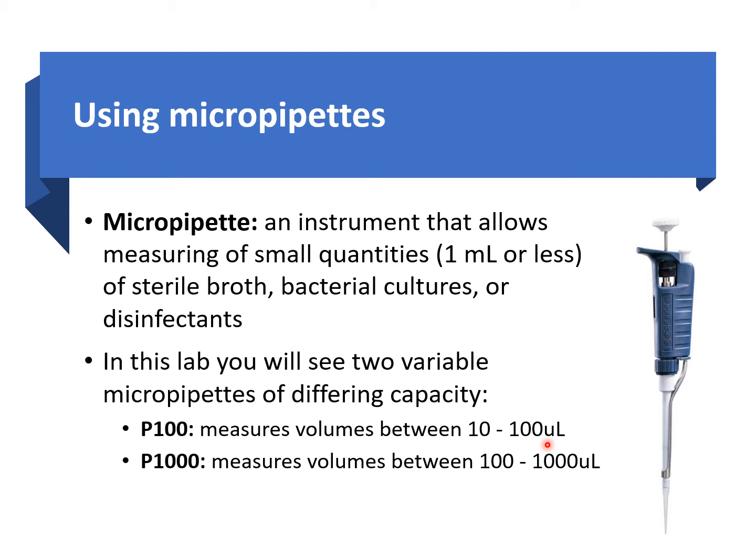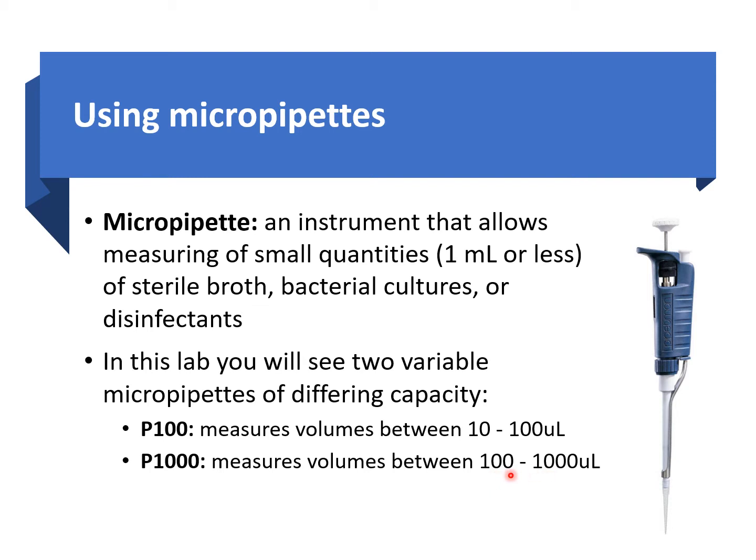And so when we name it, we go with the maximum amount of liquid it can measure. The P1000, the maximum amount it can measure is 1,000 microliters, and that's why we call it P1000. And the minimum amount it can measure would be 100.